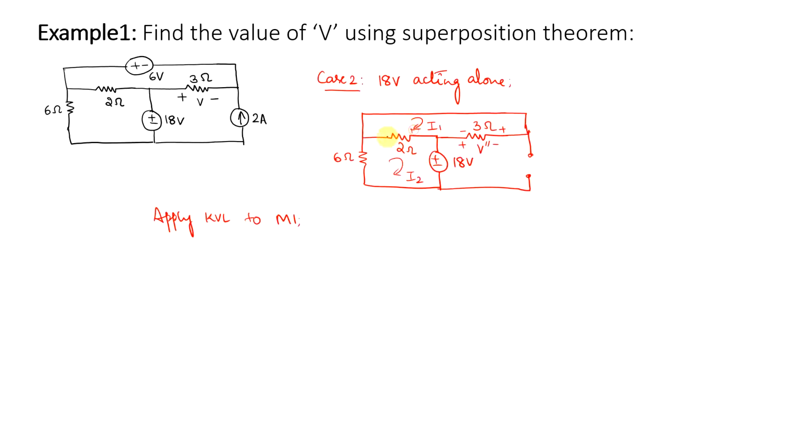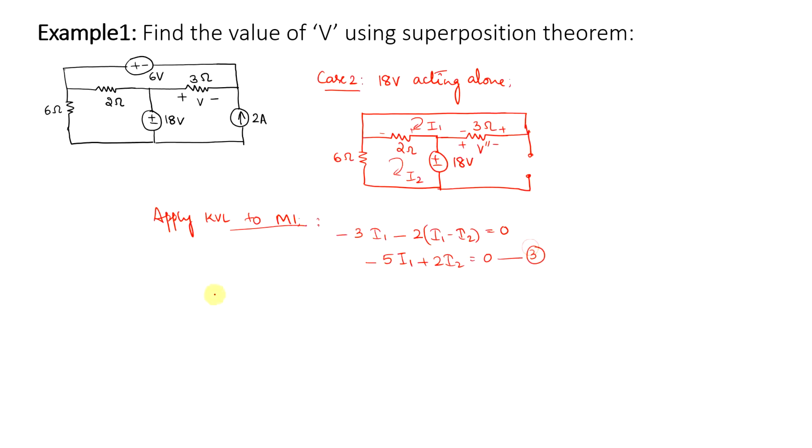So this is equal to minus 3 times I1 minus 2 times, this is the dominant mesh, so I1 minus I2 equal to 0. So I can rewrite this equation as minus 5 times I1 plus 2 times I2 equal to 0. I will name this equation as equation 3.